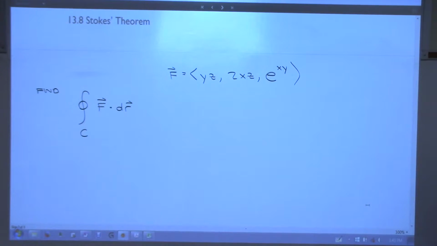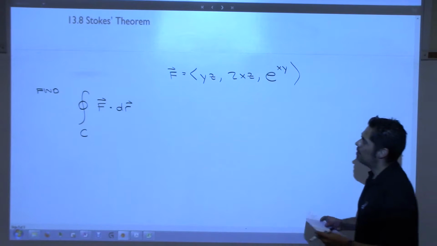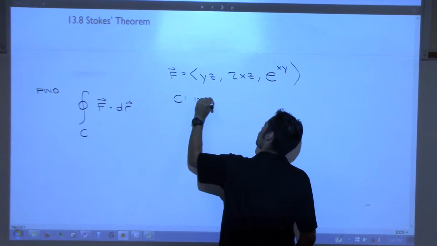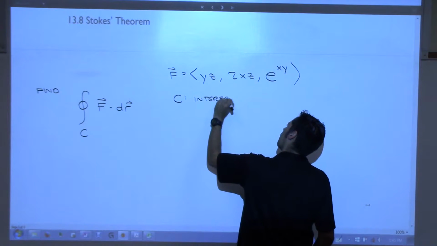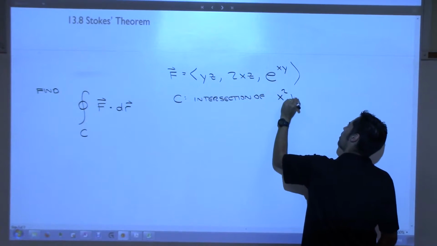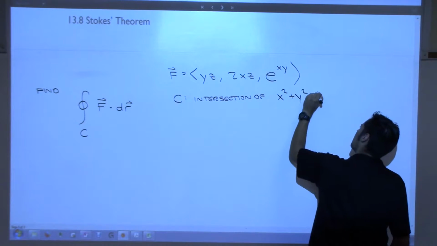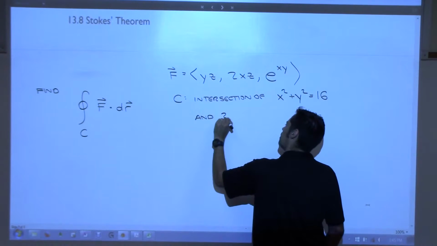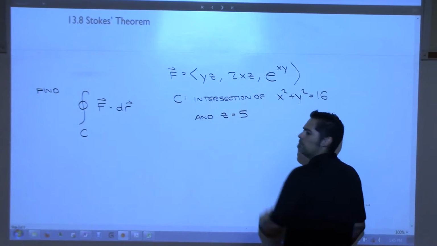And my curve C is the intersection of x squared plus y squared equals 16 and z equals 5.